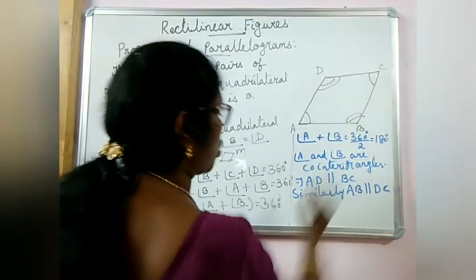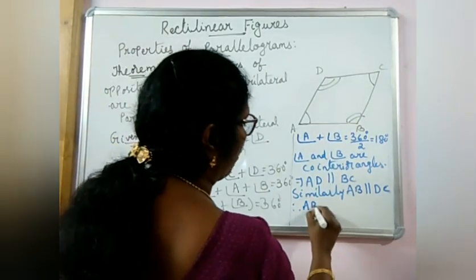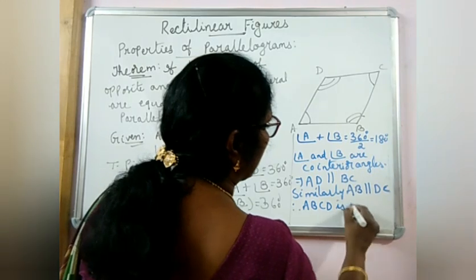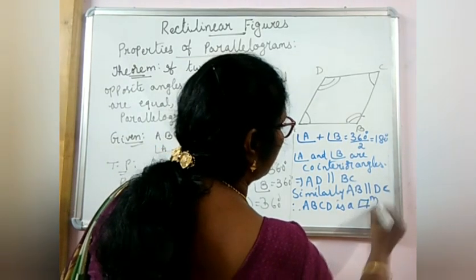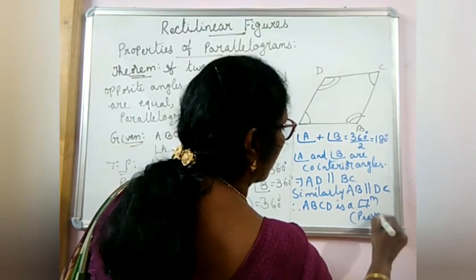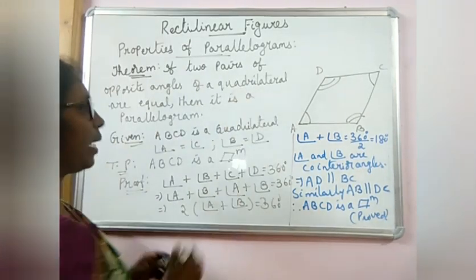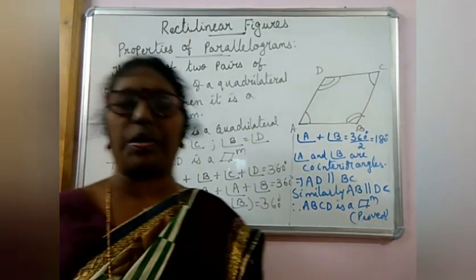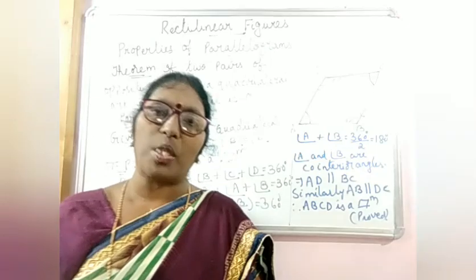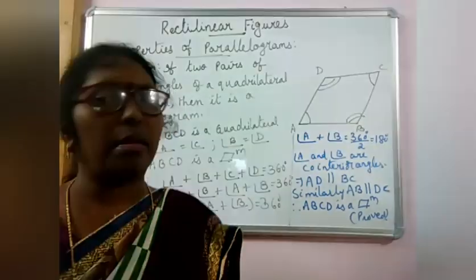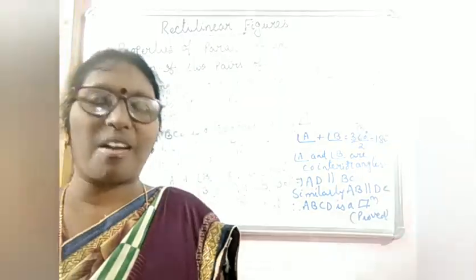These two are parallel, these two are parallel. Therefore, ABCD is a parallelogram. That is proved. So the property is, if in a quadrilateral both the pairs of opposite angles are equal, then it is a parallelogram.